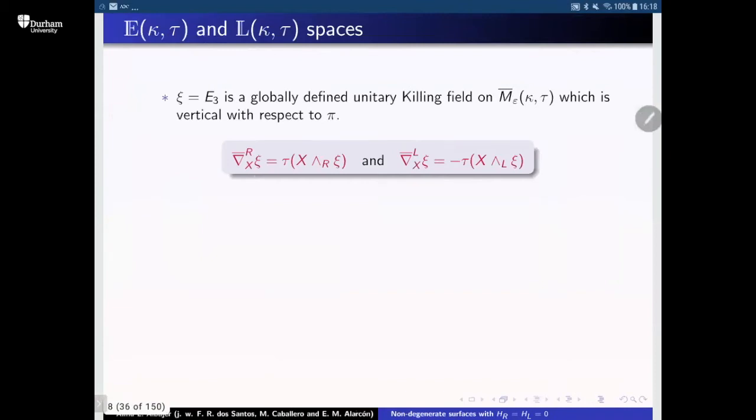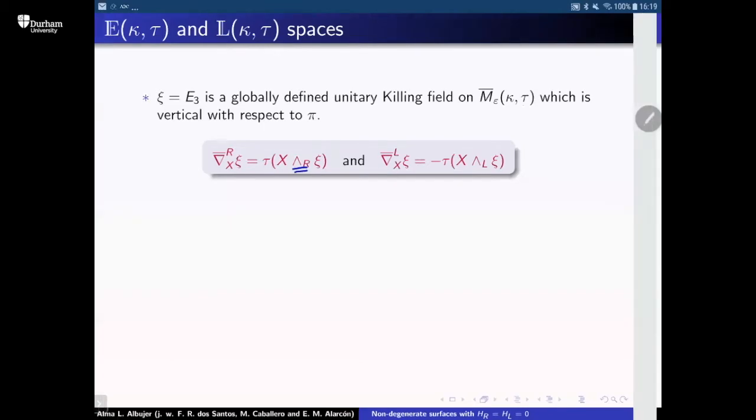From the fact that T is a Killing vector field, we can easily compute the Levi-Civita connection of T in the direction of any other vector field X. As we have two different metrics, we have two Levi-Civita connections, and we can compute both of them. We can see that the expressions are quite similar, but they are not the same. They are expressed in terms of this vectorial product here. And there are some differences between them.